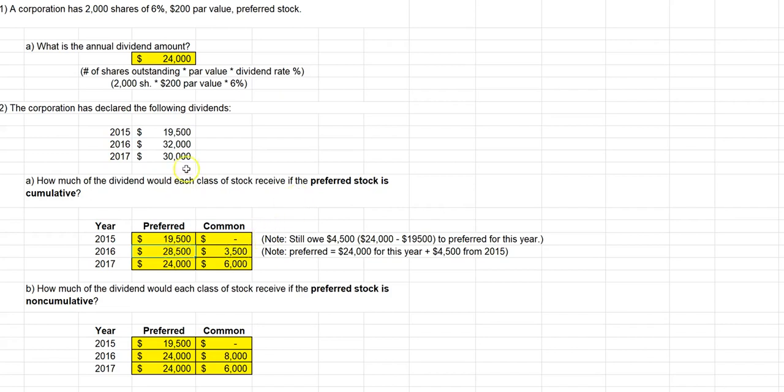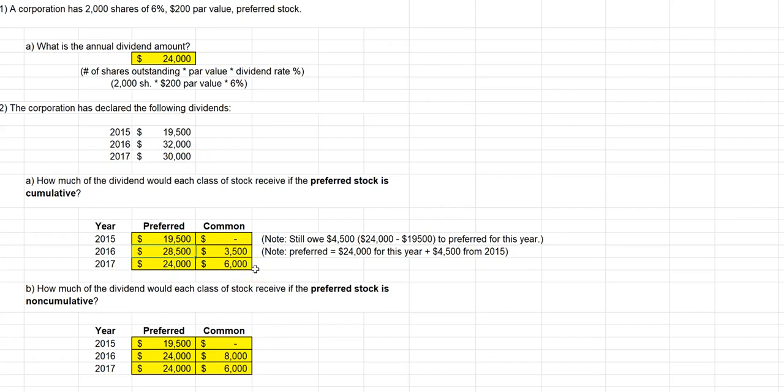So 32 minus the 28.5 gives the common stockholders 3,500. Now, as of the end of 2016, we are completely paid up with the preferred stockholders, and the only thing we'll owe them in 2017 will be $24,000. The board of directors declared $30,000. The preferred stockholders will get 24 of that, and the common stockholders get what's left, which is 6,000.